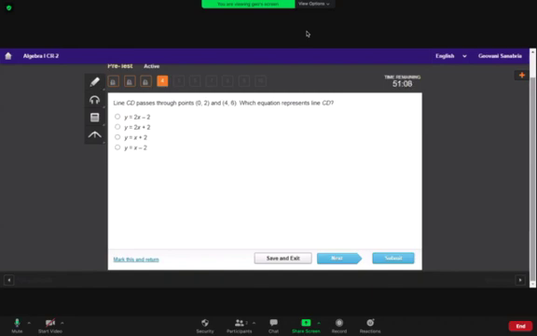So like here, for the first answer, we're going to check to see if 0, comma 2, like if you were to imagine the picture, lands on this line, the first answer, the line y equals 2x minus 2.